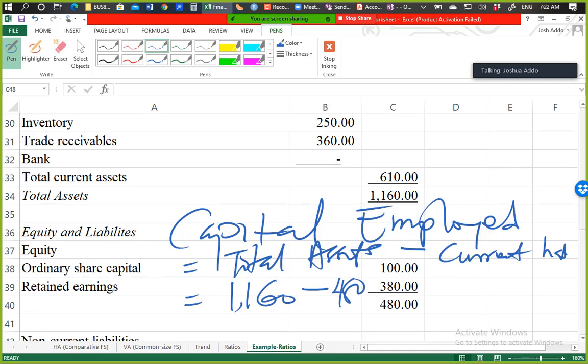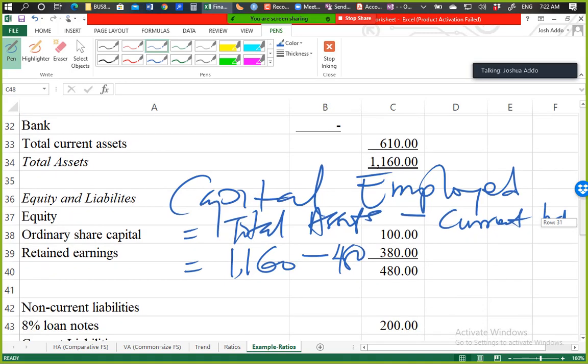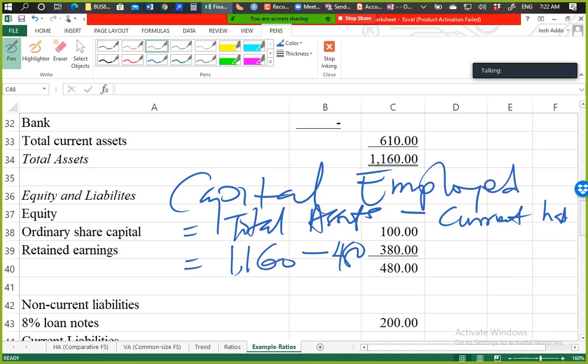So what is the result? 1160 minus 480 gives us 680.